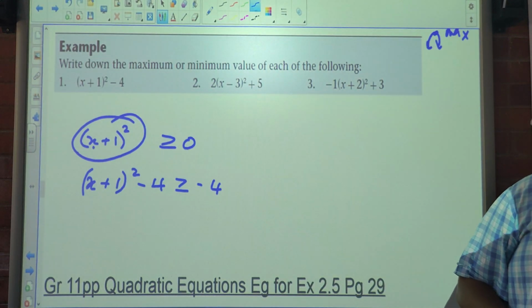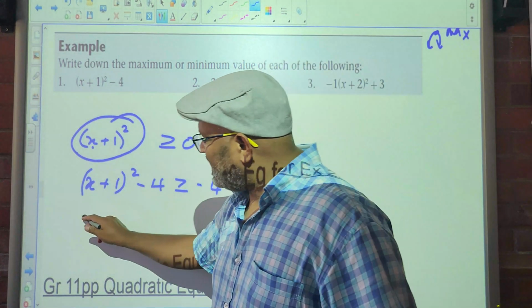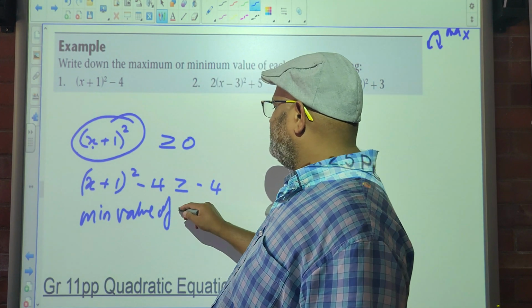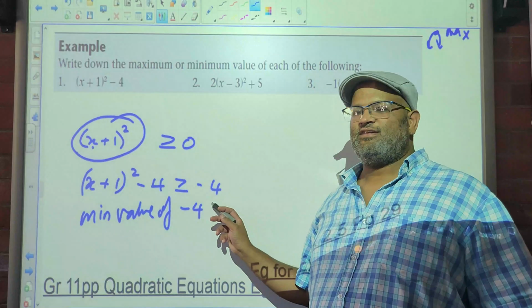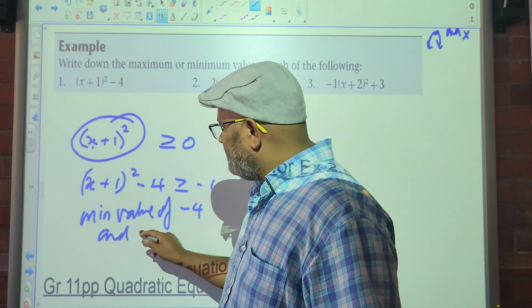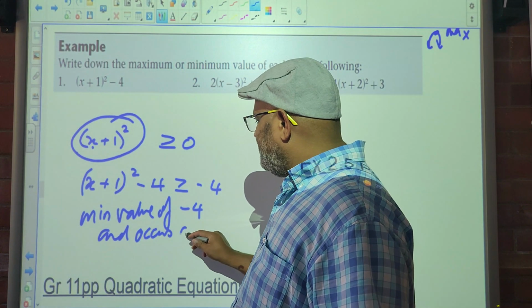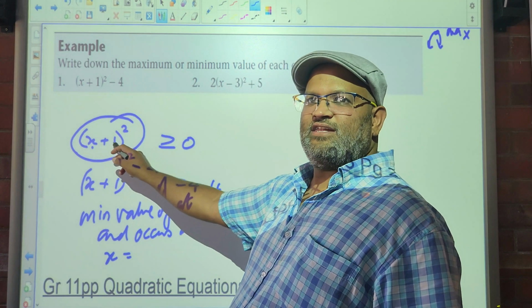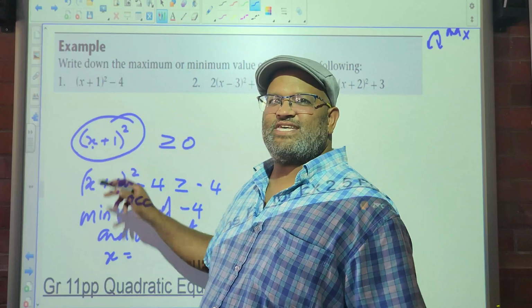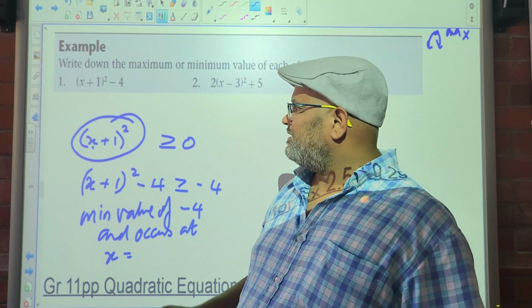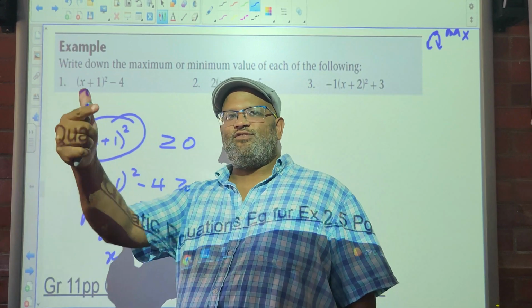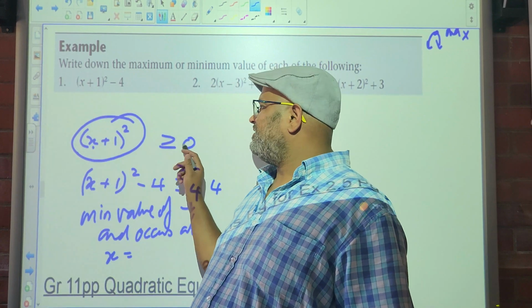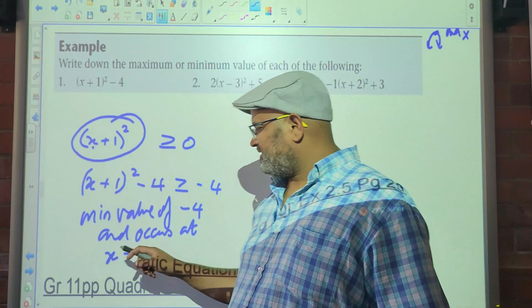Which means this one will have a minimum value of negative 4, and it occurs at x equals the additive inverse of this. Where did we get the 0? Remember, we substituted 5, negative 3, negative 1. The 0 was at negative 1, that's why it's negative.